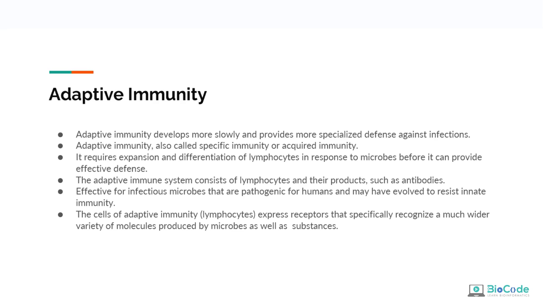The cells of adaptive immunity, which are also known as lymphocytes, express receptors that specifically recognize a much wider variety of molecules produced by microbes as well as substances produced by them.